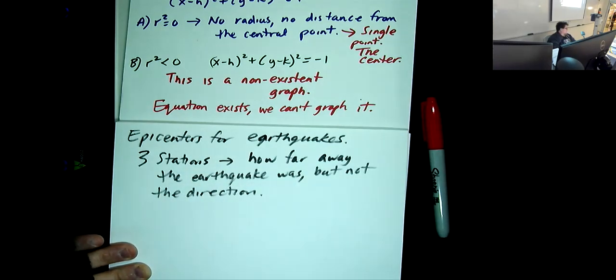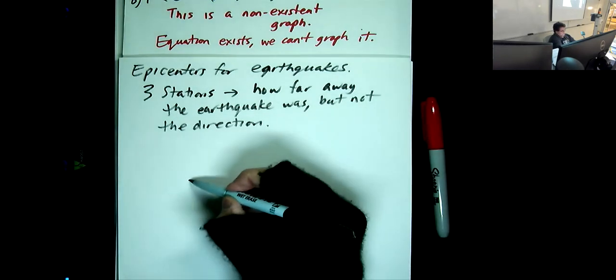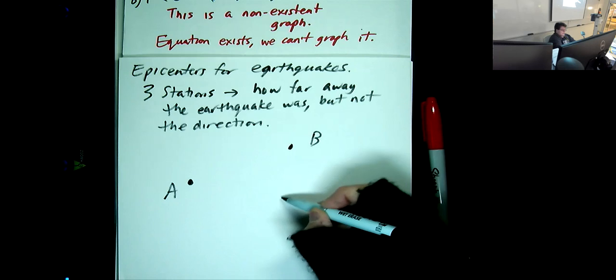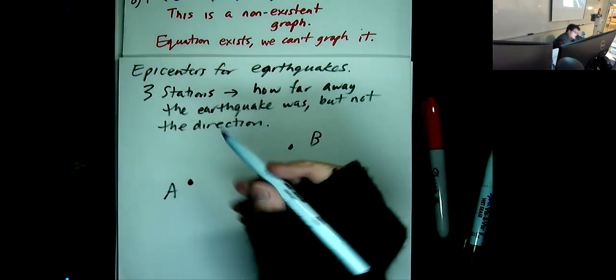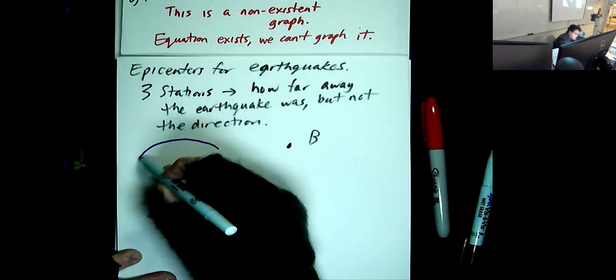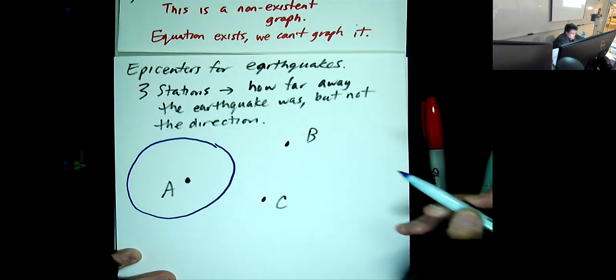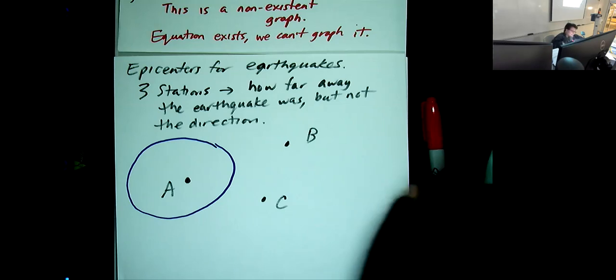You're in a building, the building starts shaking, you don't know which way the earthquake came from. But let's say building here is A, B is here, C is here. They know how far away it is, so it makes a circle around the building. If I drew that as a better circle, that would be fantastic. That is a shitty circle.